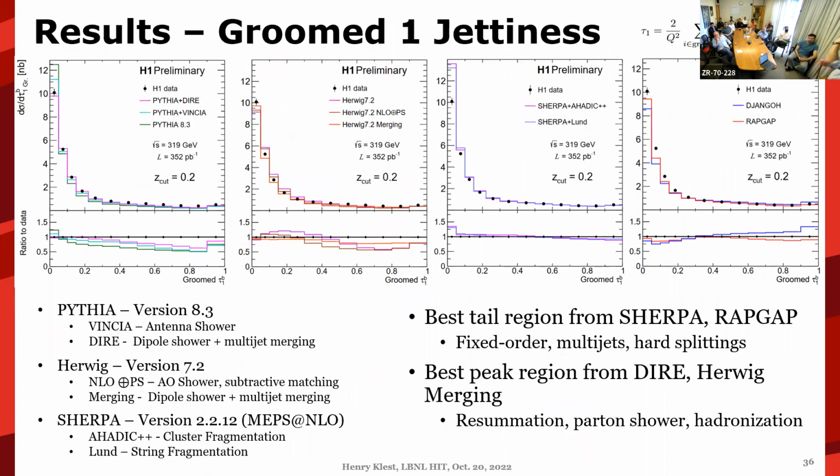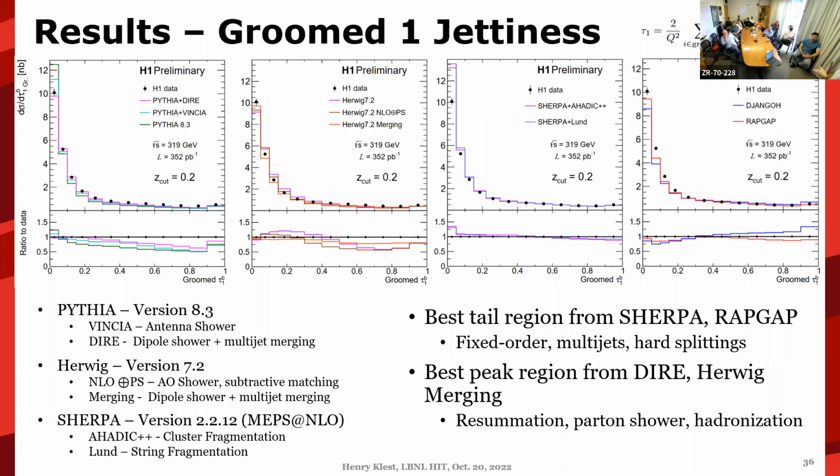Additionally, we have some comparisons to kind of the whole gamut of generators that we have these days. We have Pythia, both the Vincia and the Dire shower, which also give pretty significantly different results.